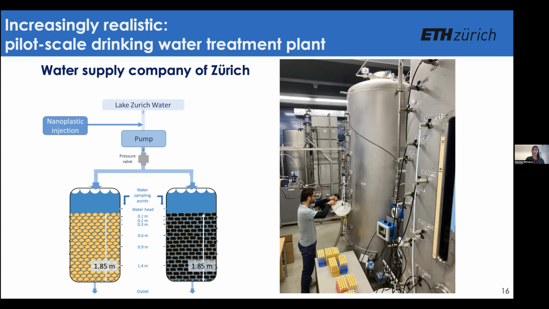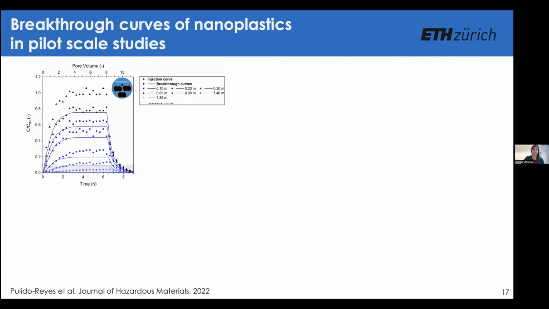And so here we could start to make these breakthrough curves of nanoplastics in the pilot scale studies. And I can appreciate that maybe on your screen, this is a little bit small to see, but I can walk you through these graphs in a little bit more detail. So our total exposure in the drinking water treatment plant was for 6 hours that we were putting nanoplastics through this system.